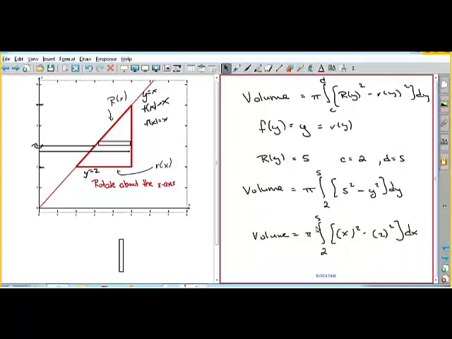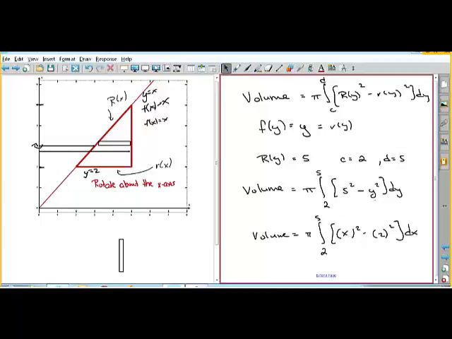That was the equation around the x-axis. When we went around the x-axis, the outside radius was the diagonal curve, and the inside radius was y equals 2. The limits were from x equals 2 to x equals 5.